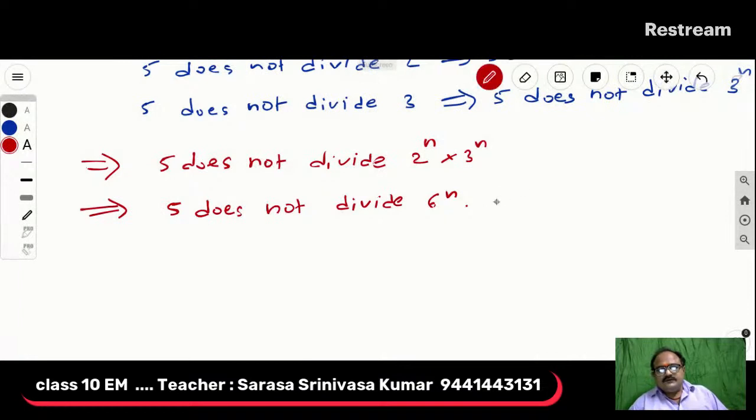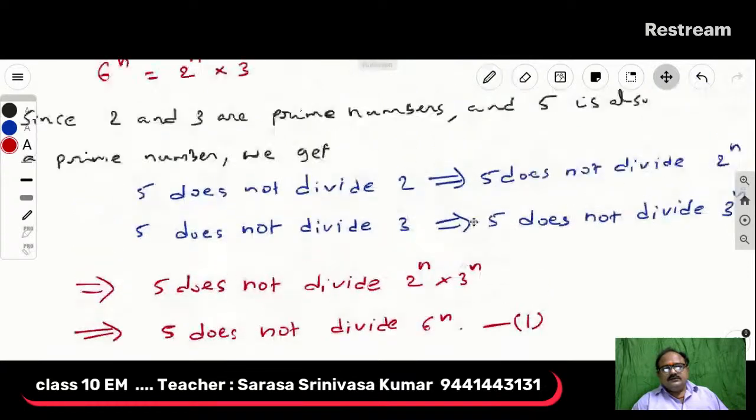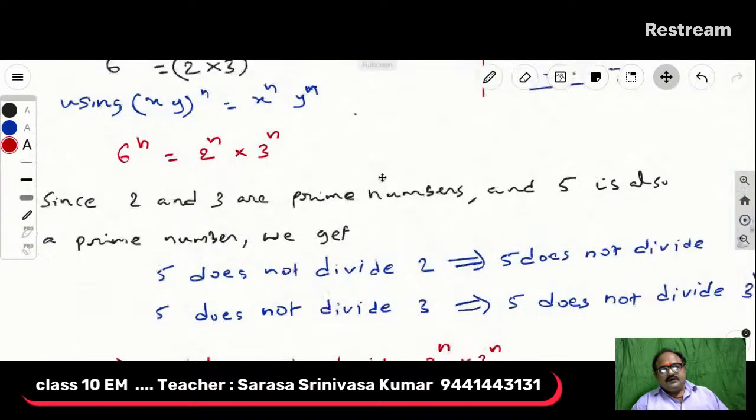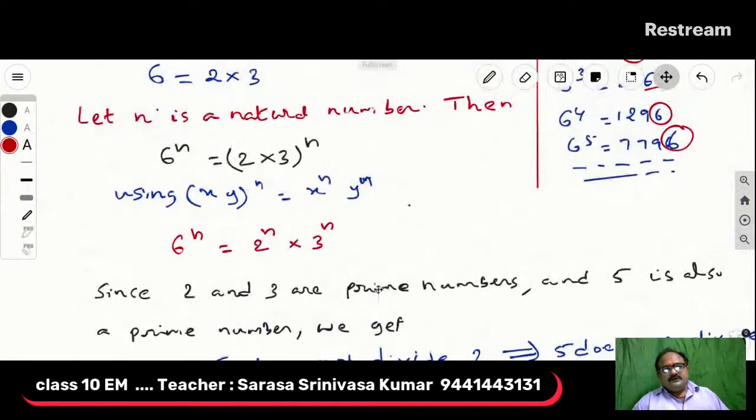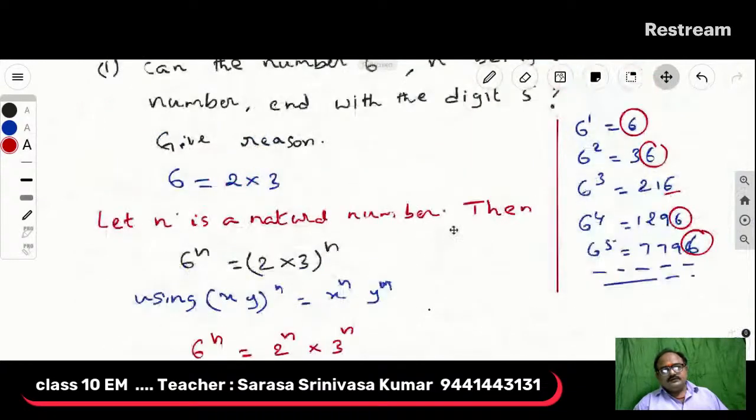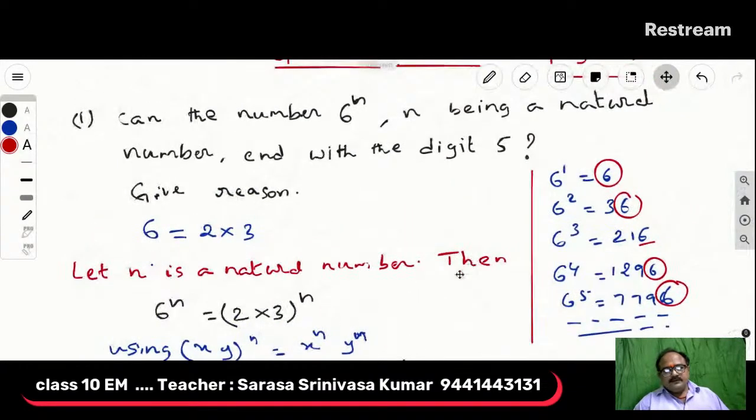So this is the first one we have given, but the given question is not regarding the divisibility of 5. They simply asked whether 6 to the power of n ends with 5 or not.